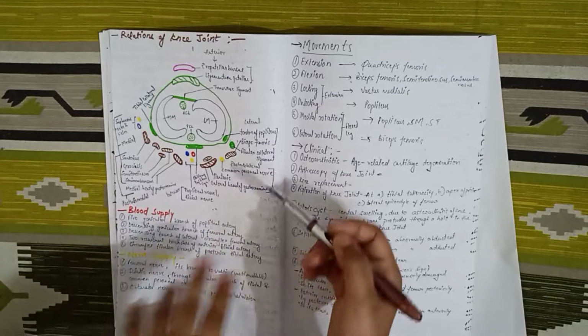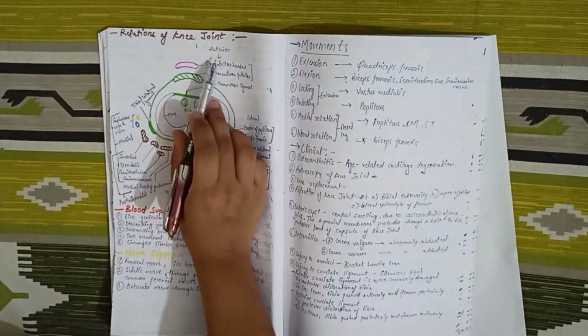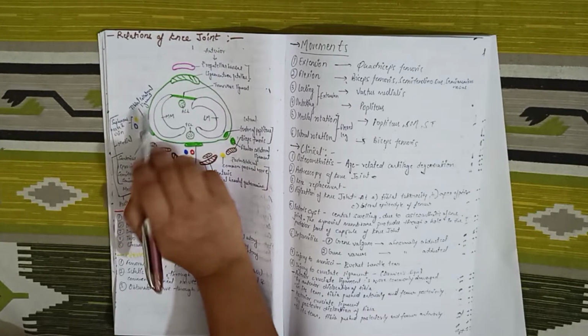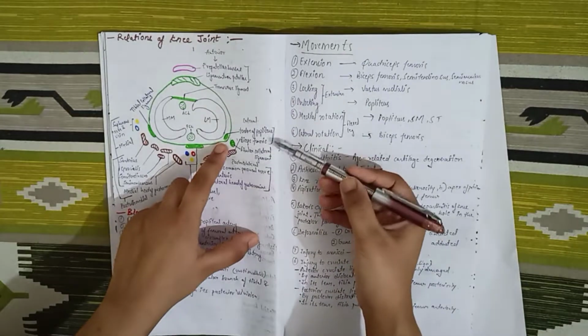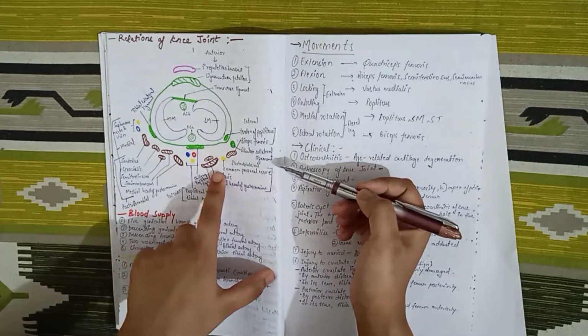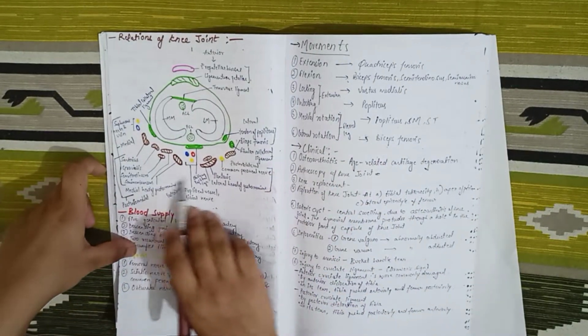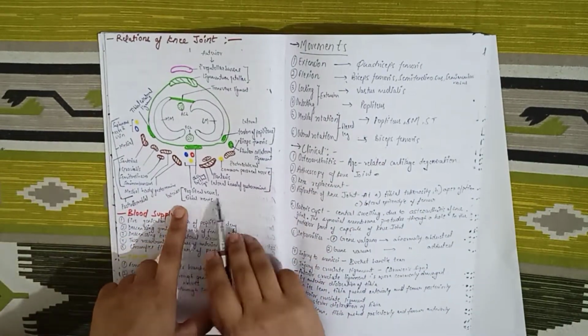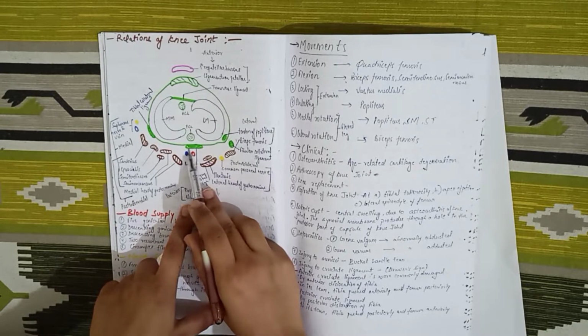Now let's talk about relations. Anterior relations: prepatellar bursa, ligamentum patellae. On the lateral side, tendon of popliteus and biceps femoris. On the posterior side, we have the popliteal vessels and tibial nerve.